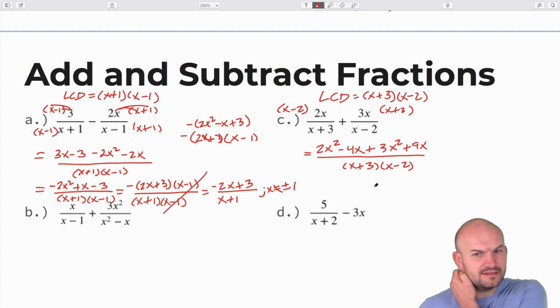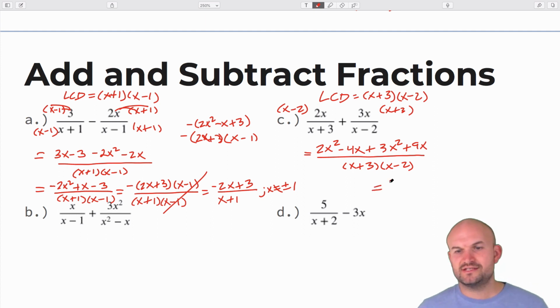And then I can simplify that. I can get this to be a 5x squared and then plus 5x. That gives me an x plus 3 times an x minus 2.